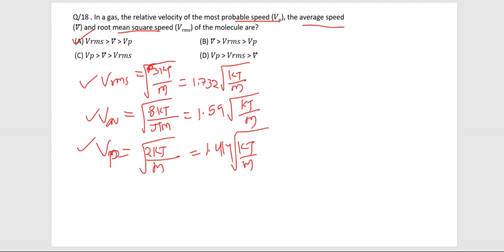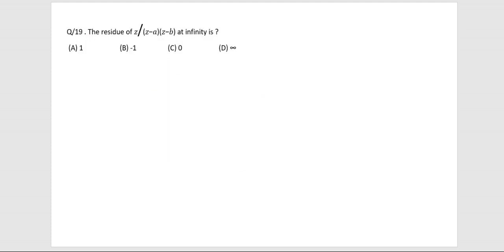Okay. So next question. The next question is to find the residue of the function given by z by z minus a into z minus b at infinity. So our function is given by f of z equal to z by z minus a whole into z minus b.